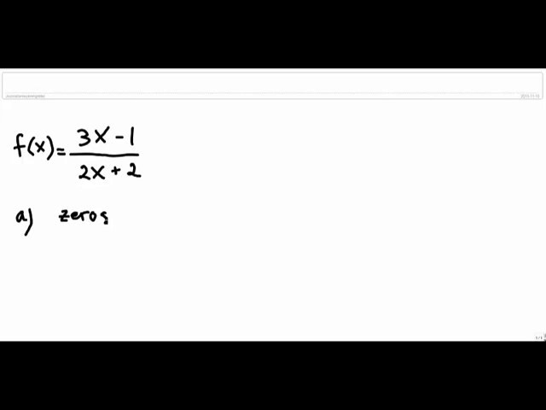well, if we think about it, when is a function in general crossing the x-axis? When y is 0, because if we think about a coordinate system, x, y, and let's say any function, this function is crossing the x-axis here.